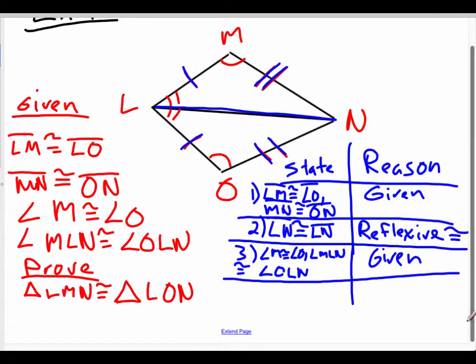Okay? All right, so what angles do I need to prove? In other words, I know that this angle is congruent with this angle is congruent with this angle. What's the last set of angles I need to prove? There's only 3 angles in a triangle.